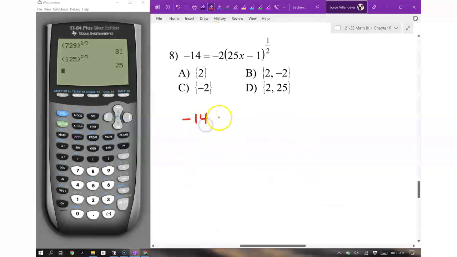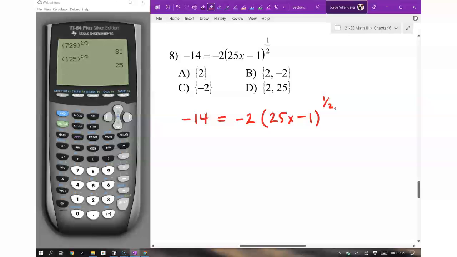Negative 14 equals negative 2 times (25x minus 1) to the 1/2 power. Now for this one, you can see the variable is inside of a parenthesis, right? It's stuck in there to the half power.